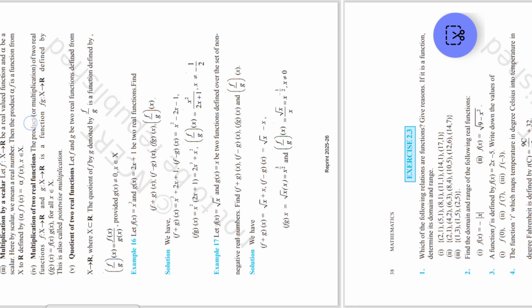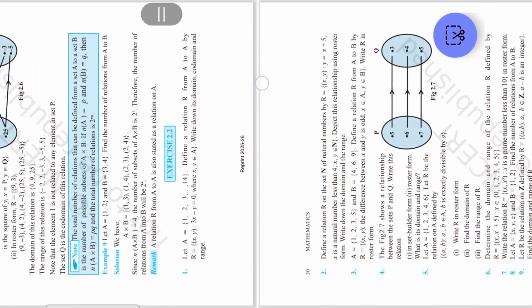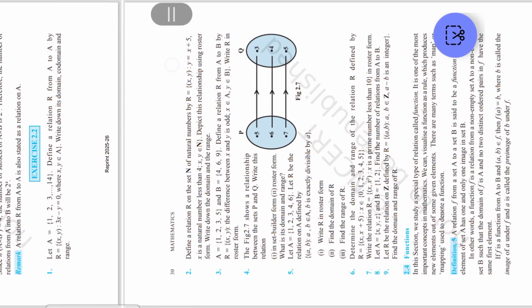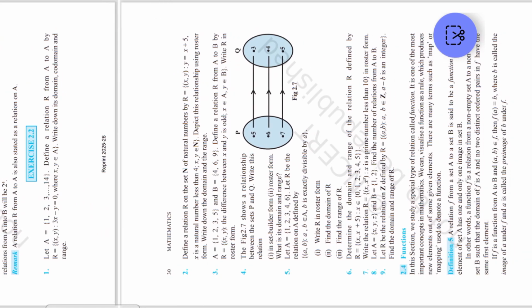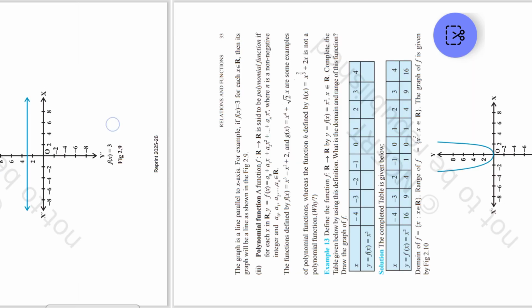Especially f of x equal to square root of 9 minus x square. The second problem is very important; many times they ask that question for 3 marks. Codomain, domain, range are also asked.